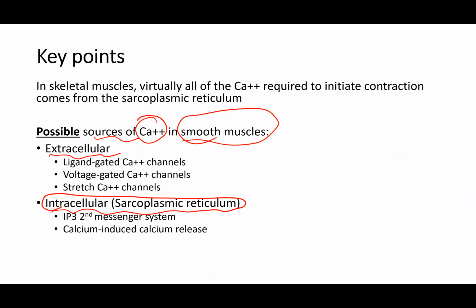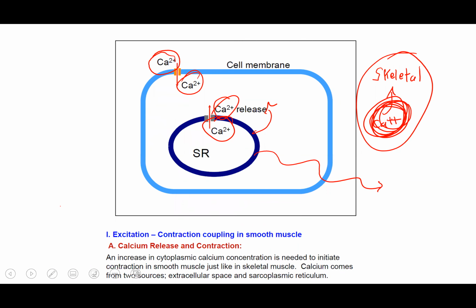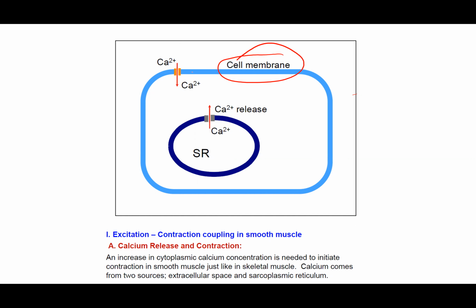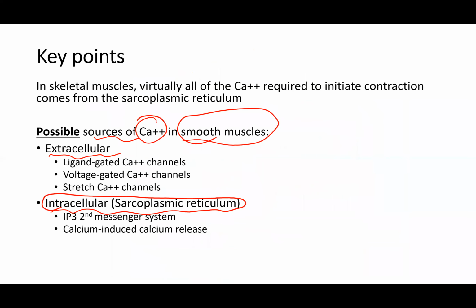Now let's go back to the diagram really quickly so we can discuss them. For extracellular sources, it generally has to do with the cell membrane. The first source, as I've written down here, is through ligand-gated calcium channels. Your second source is through voltage-gated channels, and your third source is through stretch calcium channels.